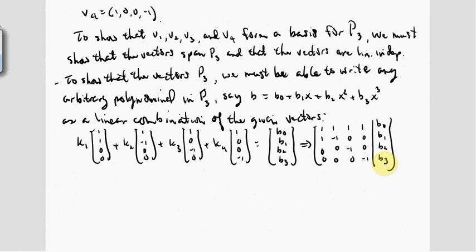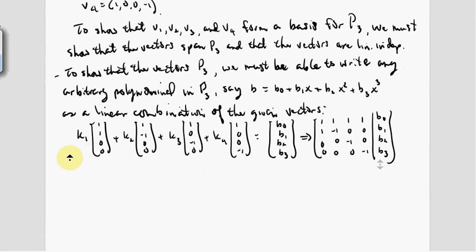By the Monster theorem, it's sufficient to show equivalence. Here I'm going to see if this coefficient matrix reduces to the identity matrix.